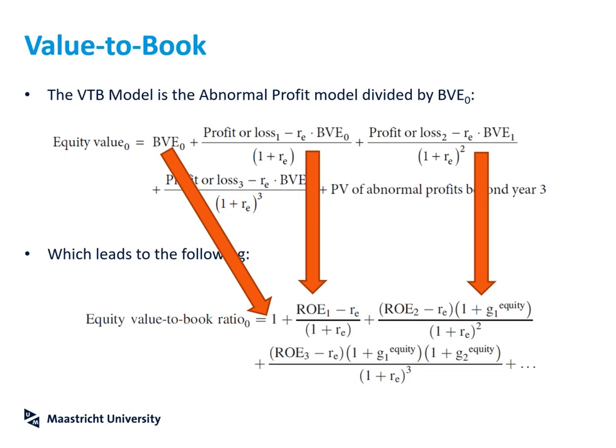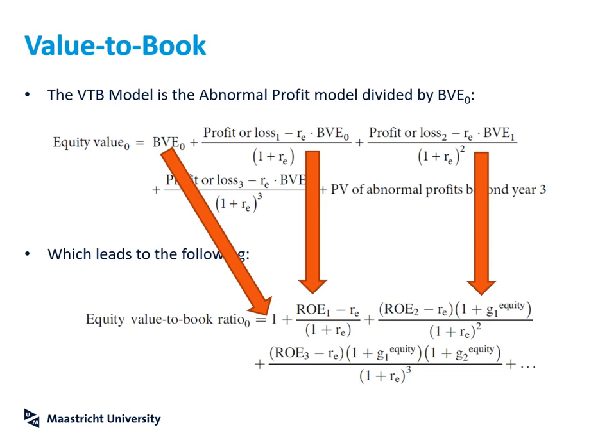So in the value to book formula, we incorporate that by looking at the book value growth in equity. So the abnormal ROE that we earn in year two is earned on a book value that has grown from year 0 to year 1. And that's what you see in the formula coming back as 1 plus G1 equity. So that's the growth in book value from period 0 to period 1.